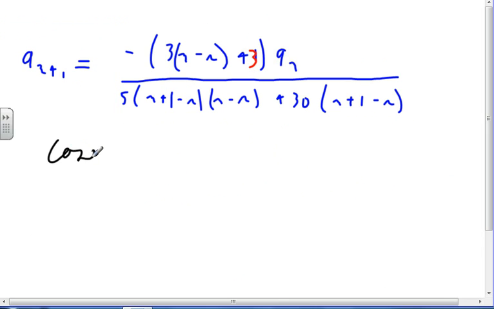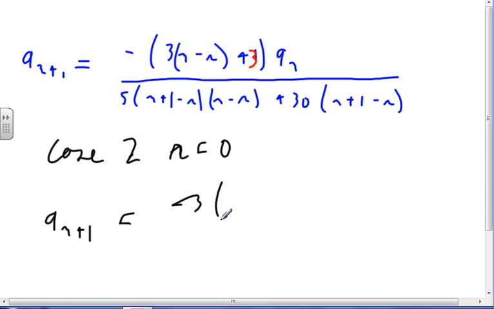Okay, so case 2 and r is equal to 0. Our recurring formula a n plus 1 is equal to, so r is 0, so that's minus 3 n minus 1 n plus 1 n plus 1, divided by an.